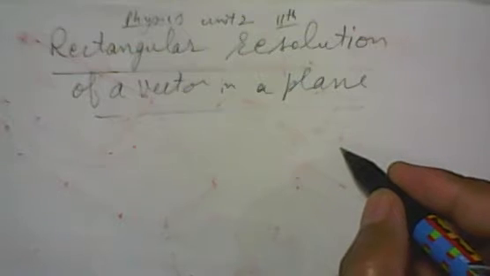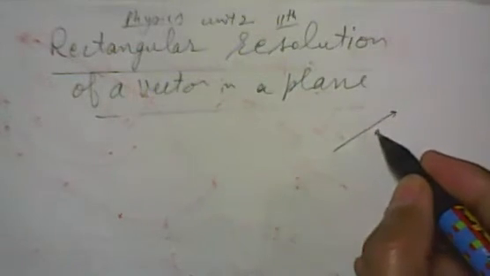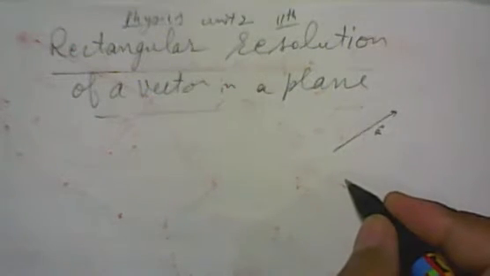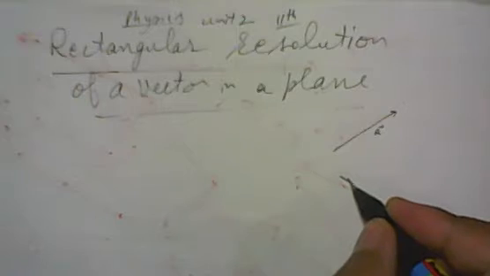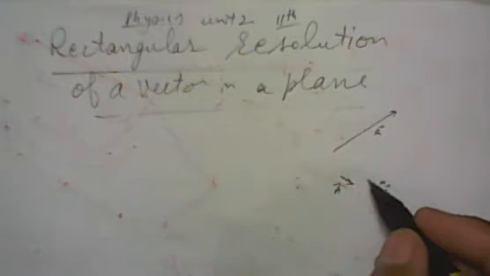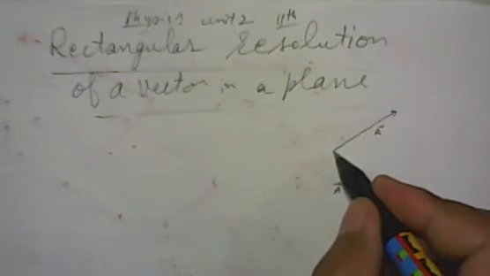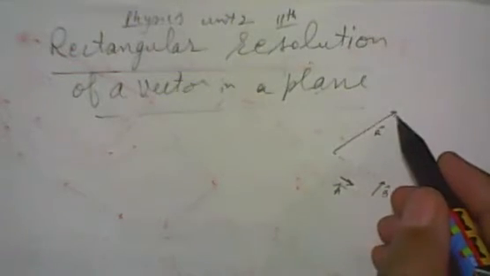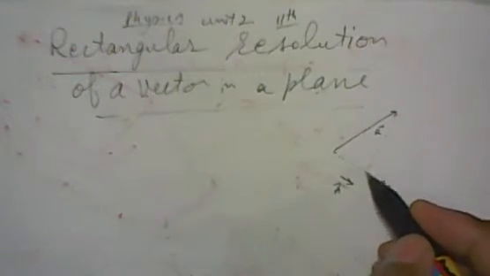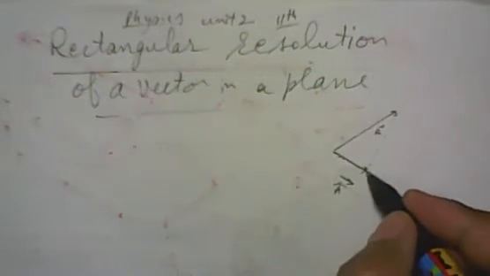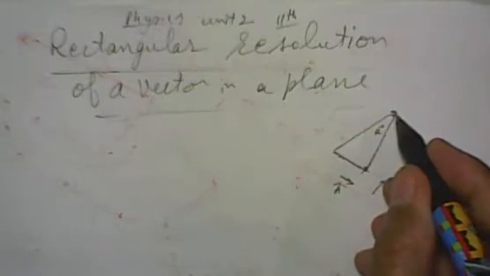We studied that if we have a vector r and two or more directions are given, say a direction a and another direction b, we want to know how much of a is needed and how much of b is needed. So this is the total a needed and this is the total b needed.